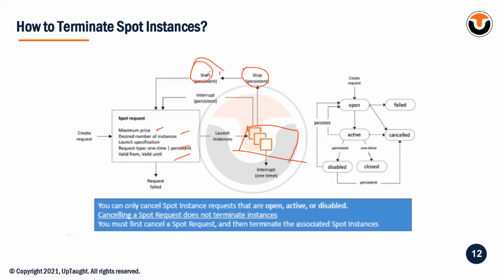If you say start, it comes all the way here and looks for the prices again, then it launches. If any interruption happens in between, like the spot prices went up and your machine got terminated, again it will go one more round up here and do the same spot request verifications. If it is allocated, then the new instance will be created. So this is a cycle, it will always repeat one after another.